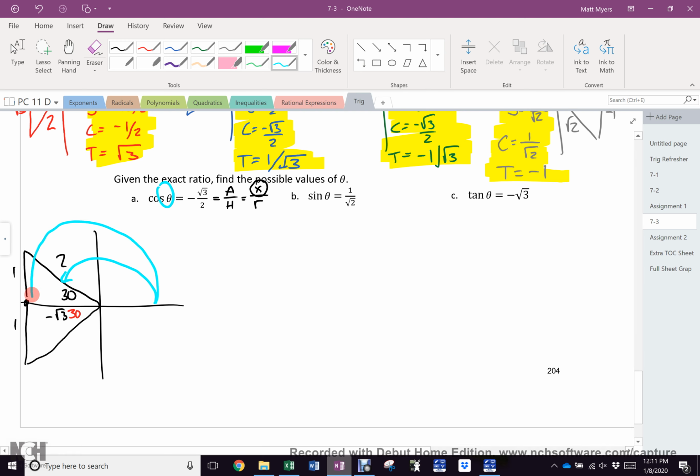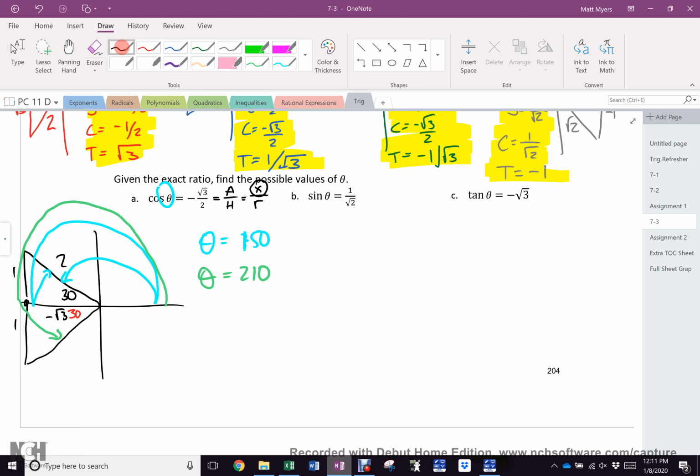If I go all the way to there is 180, but I've gone back the 30. So theta could be 150. What's the other one? 210. Because I go all the way to there is 180, but then I go 30 more. Everybody with me?